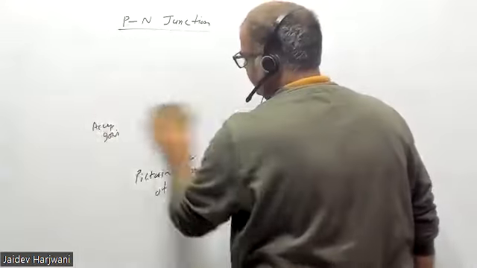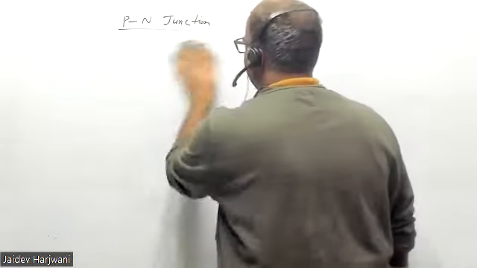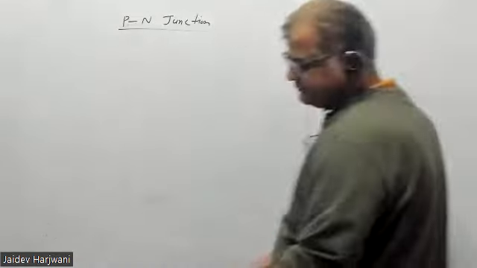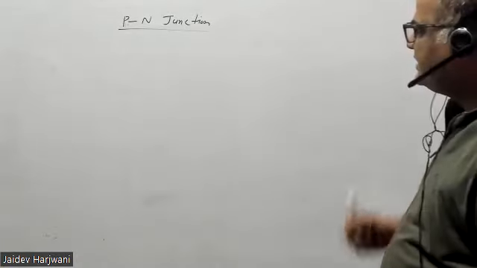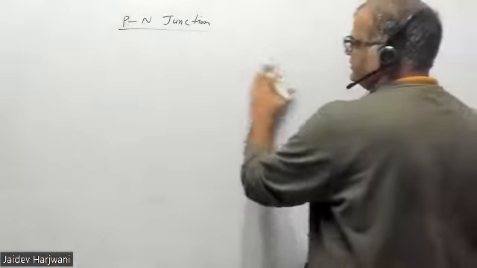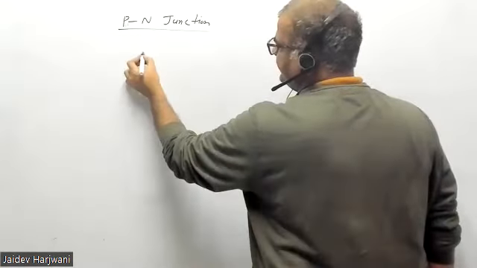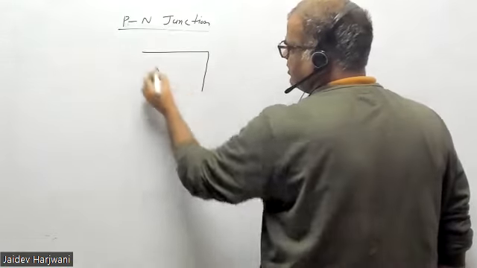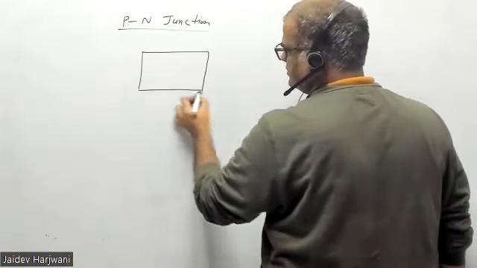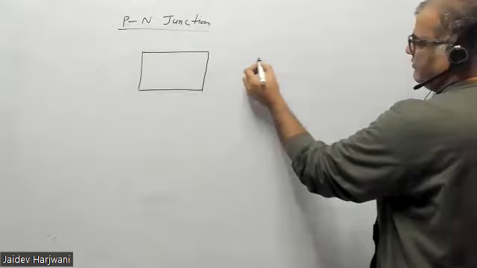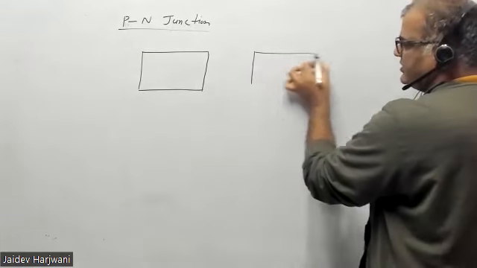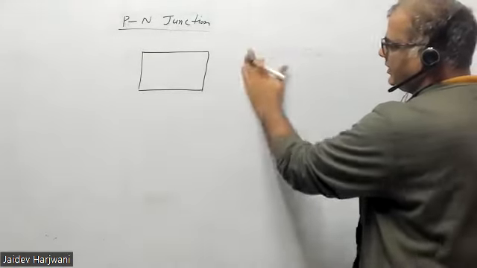Now, a PN junction means you have a junction between p and n material. So basically, you have a p-type material, and you have an n-type material. I am placing the isolated materials.